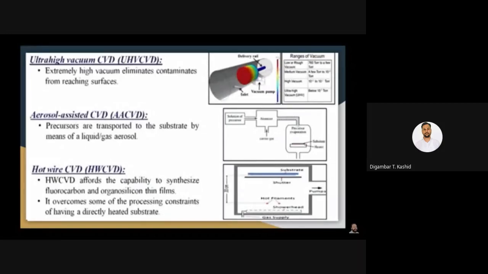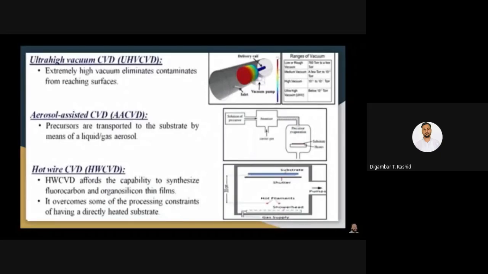The next is called aerosol assisted CVD, or AACVD process. Precursors are transported to the substrate by means of liquid or gas aerosols. Here we are not using any carrier gas; rather, it is carried by some kind of liquid or gas aerosol.